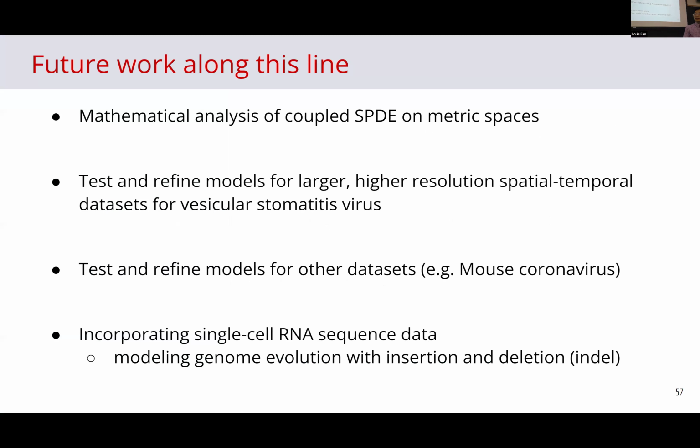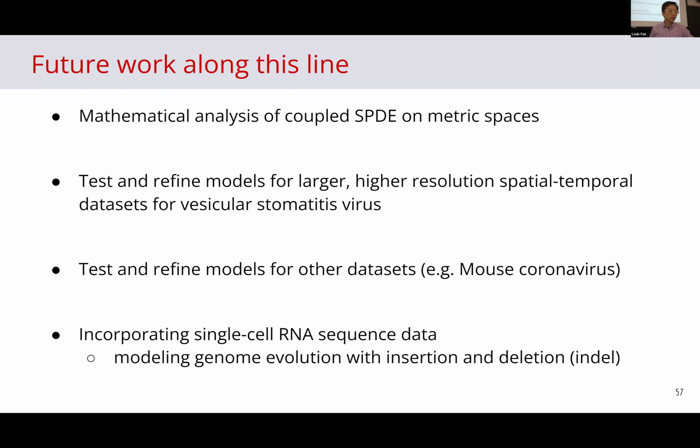We are still looking at different stochastic PDEs to analyze and understand extinction versus coexistence, and the effect of different spatial structures. We also want to look at higher resolution spatial temporal data for the VSV virus, and also test the model using other model viruses.